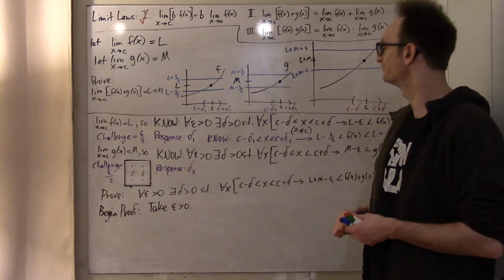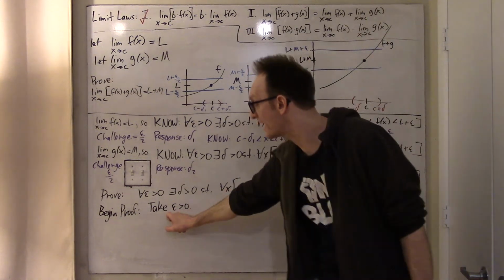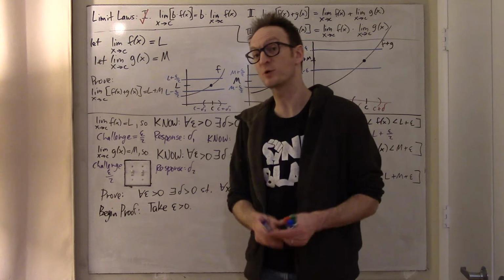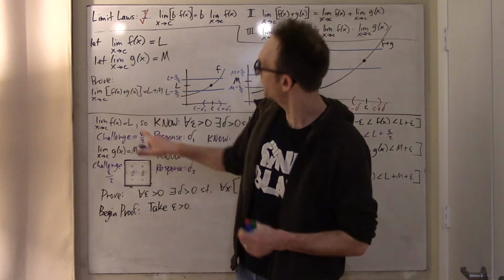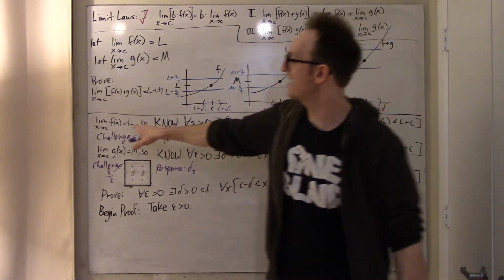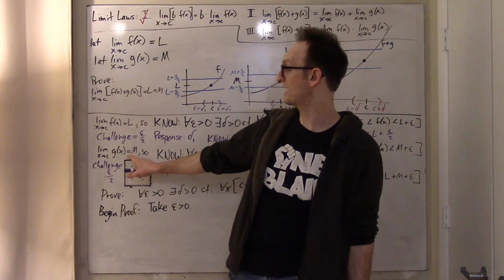And once again I got this challenge, and I took this number epsilon, divided it in half, and first I threw that number at this limit, then I threw that number epsilon over 2 at this other limit.